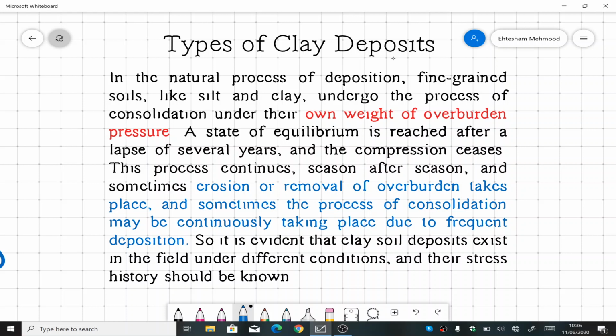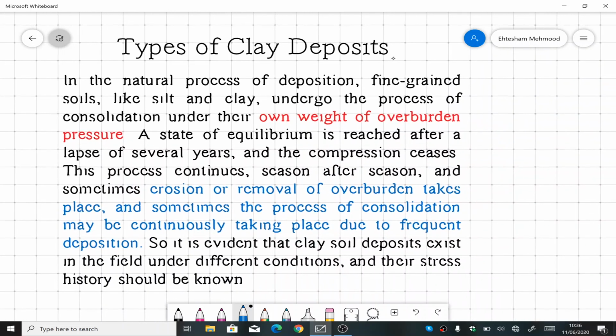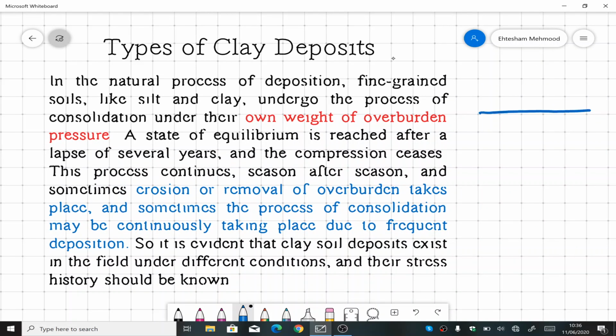So in the natural process of deposition, fine-grained soils like silts and clays undergo a process of consolidation under their own weight of overburden pressure. What is meant by this is that if I draw a ground surface here, and this is the clay layer, maybe this is the total thickness of the clay layer, let's say 10 feet.